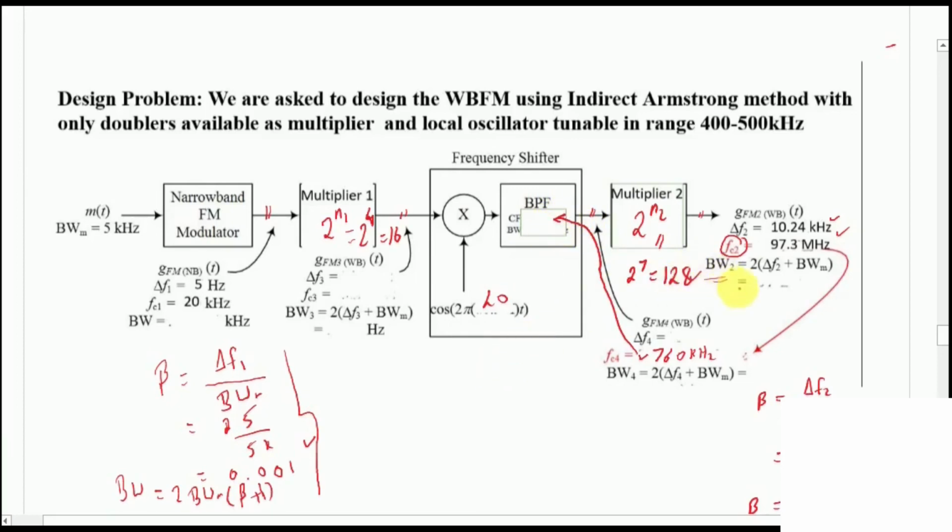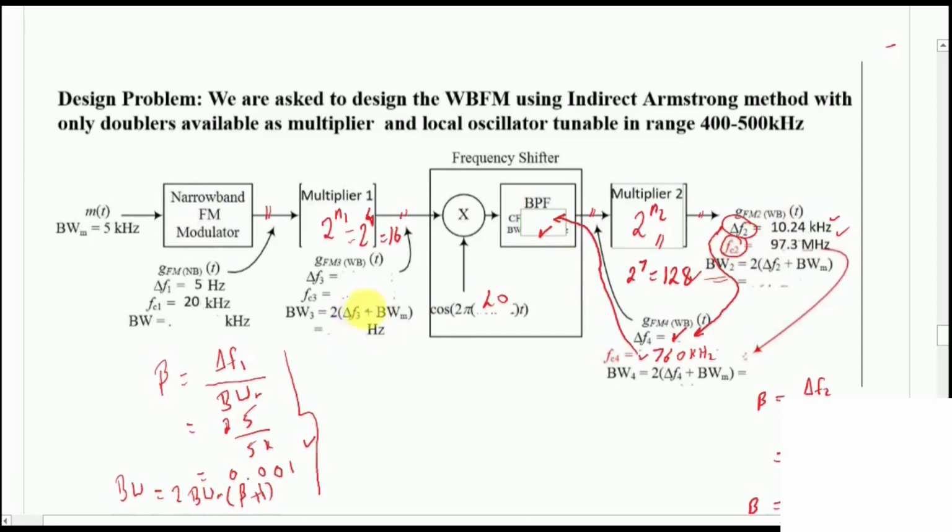Also, if you divide this by 128, it is going to give you delta F4, and whatever that value is, that would be appearing over here, right?